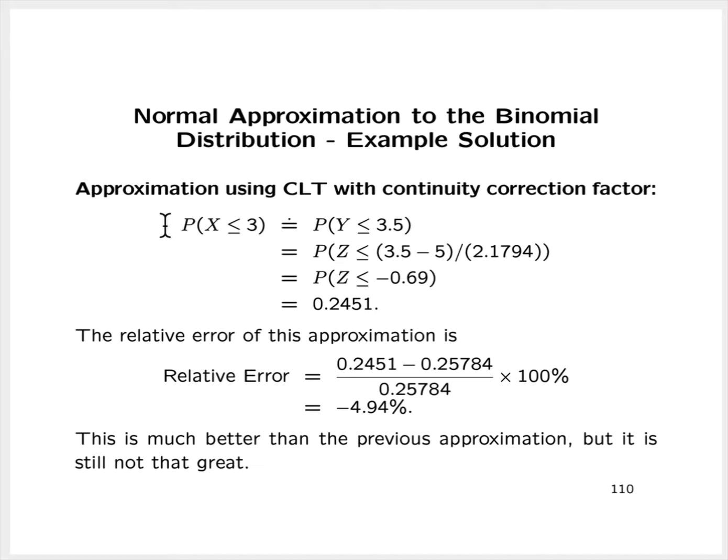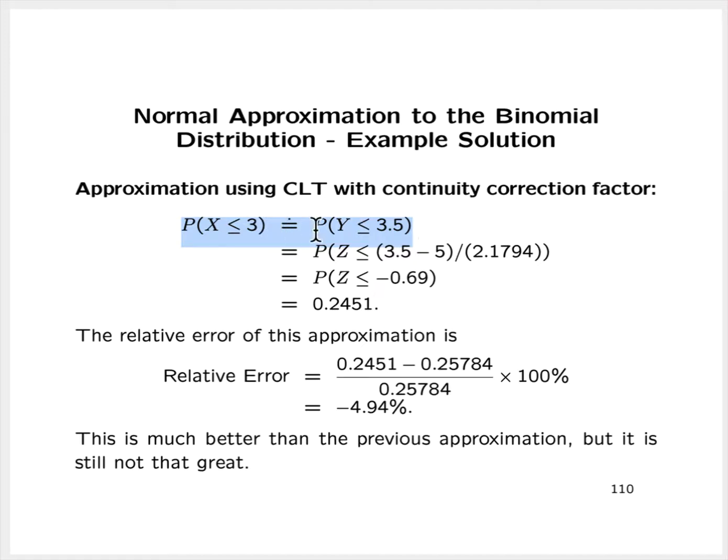What the continuity correction factor does is it takes into account that we are approximating the distribution of a discrete random variable with the distribution of a continuous random variable.